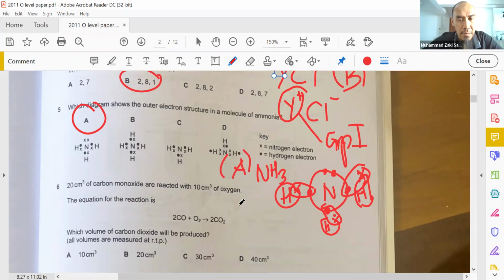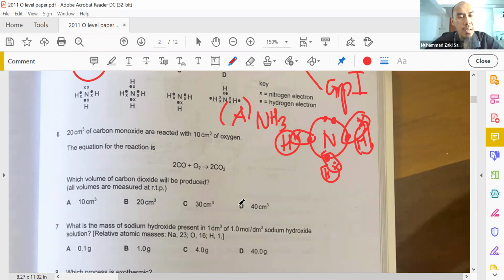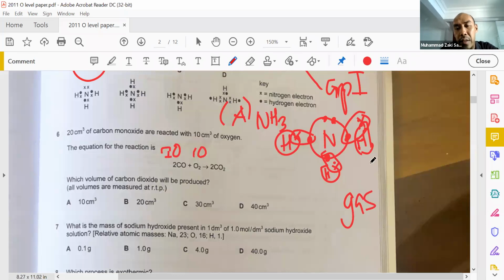Next question. This is the mole concept. You are given 20 centimeter cube of this, and 10 centimeter cube of oxygen. So how much carbon dioxide will be produced? I have not taught you this. What you can do, for gases only, gases, that is equivalent to mole. So you can actually do a direct mole ratio.